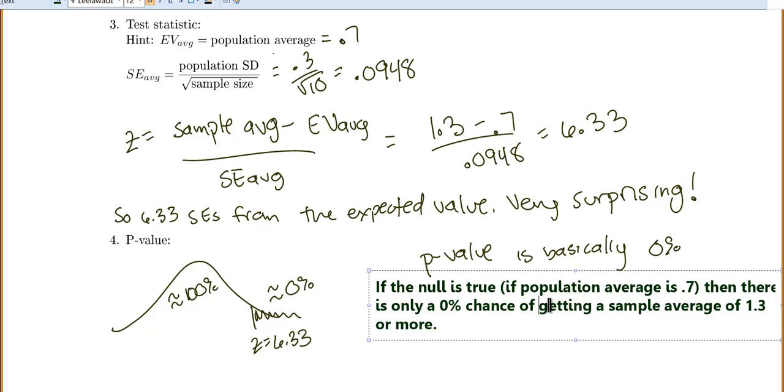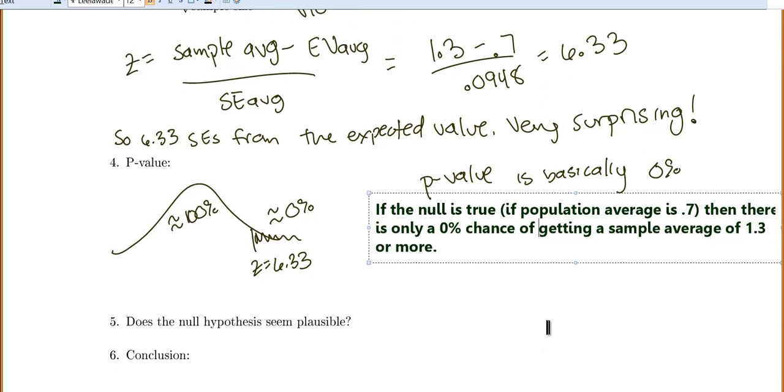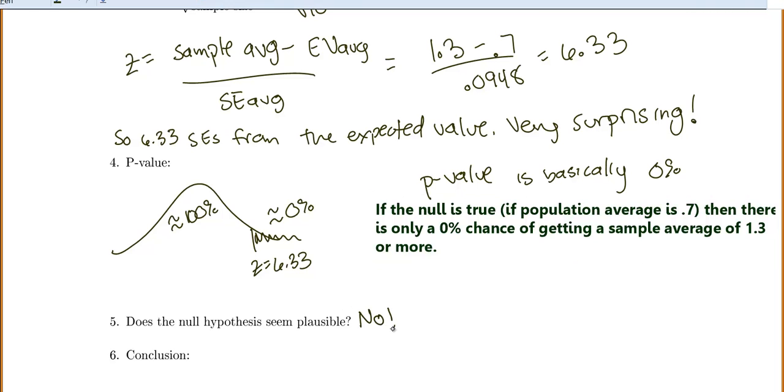So there's something wrong here, right? Because we know that we got the sample average of 1.3. So that means my assumption that the population average was 0.7 was wrong. So, does the null hypothesis seem plausible? No, absolutely not.